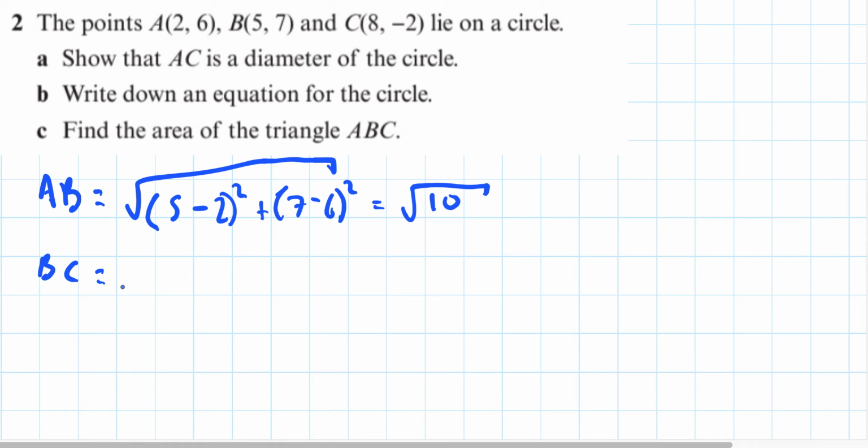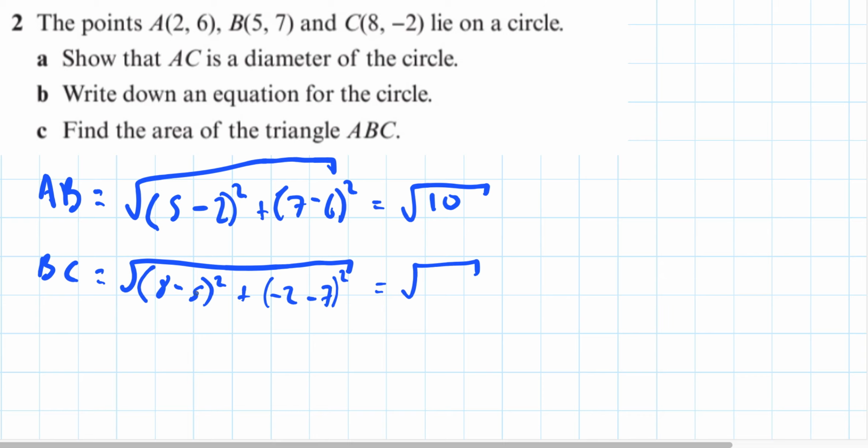BC equals square root of 8 minus 5 squared add minus 2 minus 7 squared, that equals 9 plus 81, which equals square root 90.